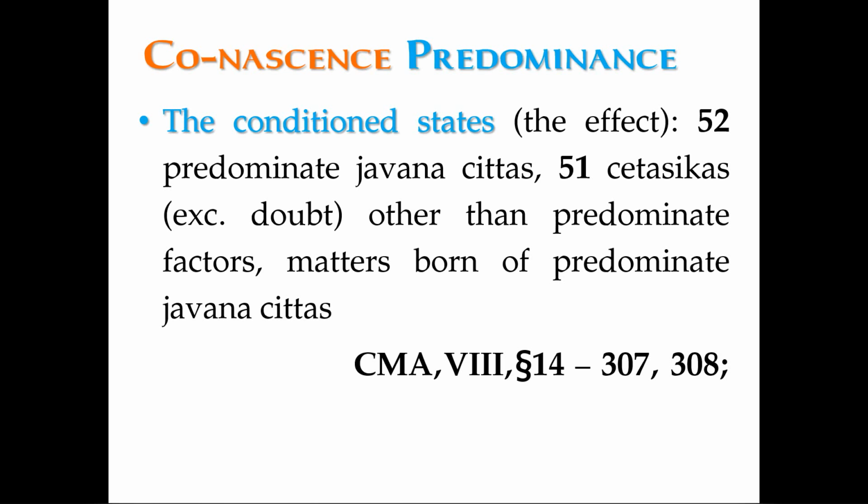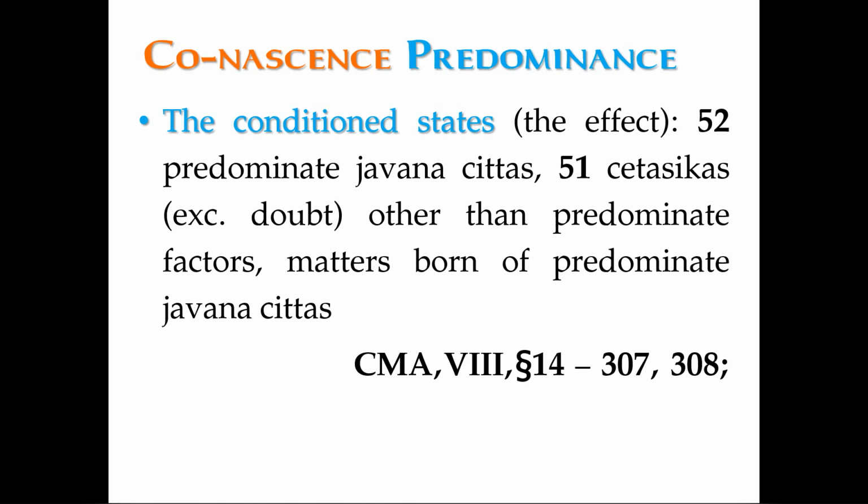And under the cognizance means something that is associated with, that arises simultaneously. Here, if a strong desire arises in your mind, the other predominances, just like the mind, energy, and investigation, will follow.